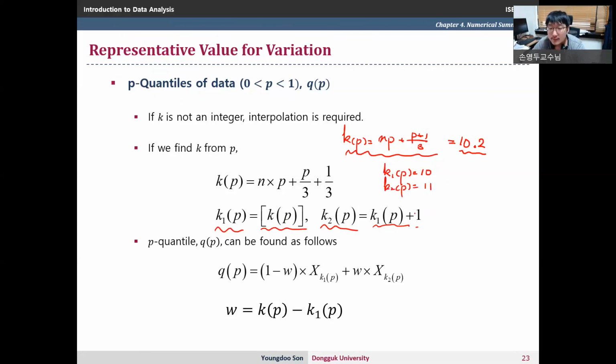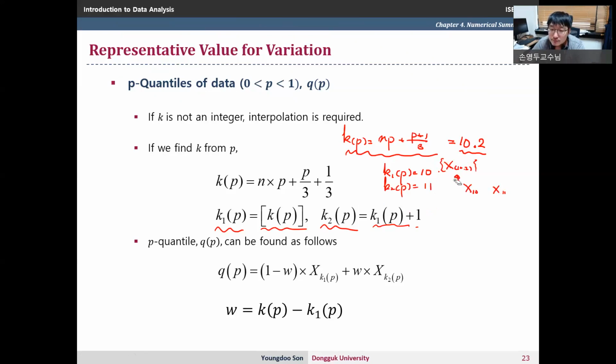Okay, then we will mix. So we will get the imaginary x 10.2 value. We will use x10 and x11.